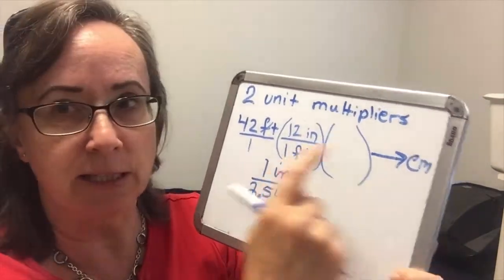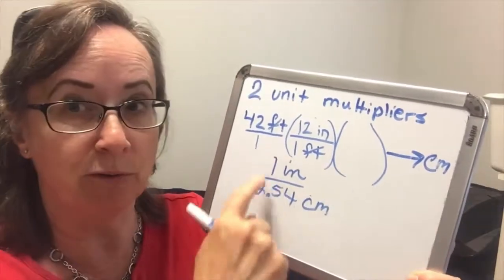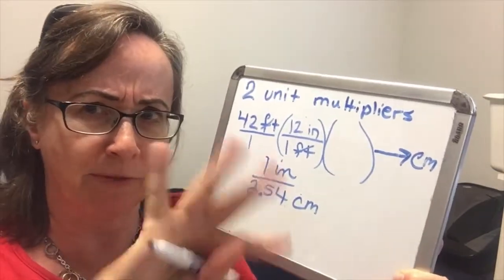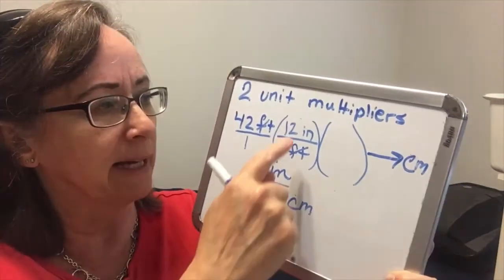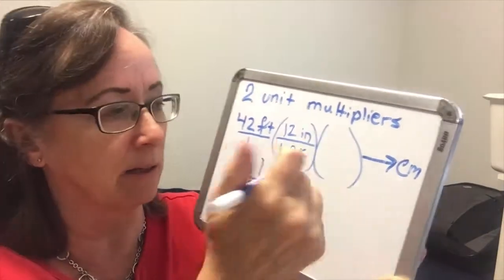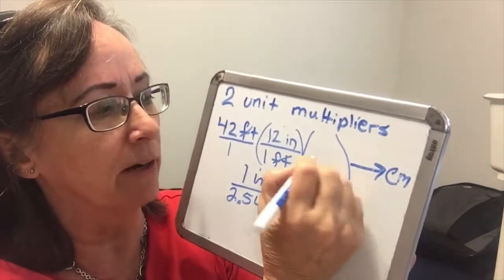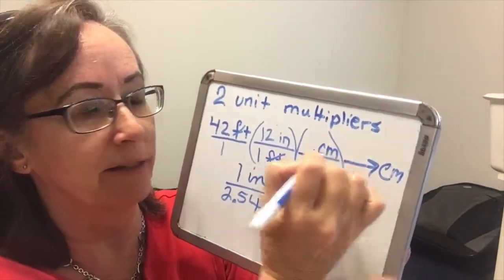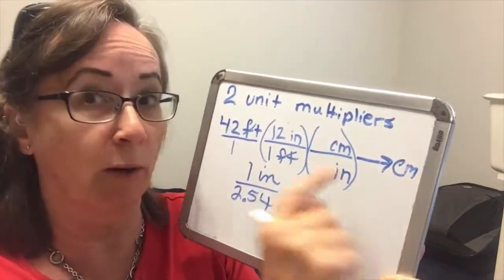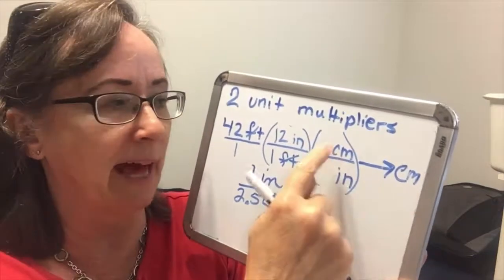So now I have inches that I'm trying to get to centimeters. So I'm going to use this. But if you think of it, do I want it this way or do I want to flip it over and use it the other way? Because now this is in inches and I want inches to cancel. So I'm going to want inches down here and I'm going to want centimeters on the top because I want my answer in centimeters. So wherever we're going, we want that to be on the top.